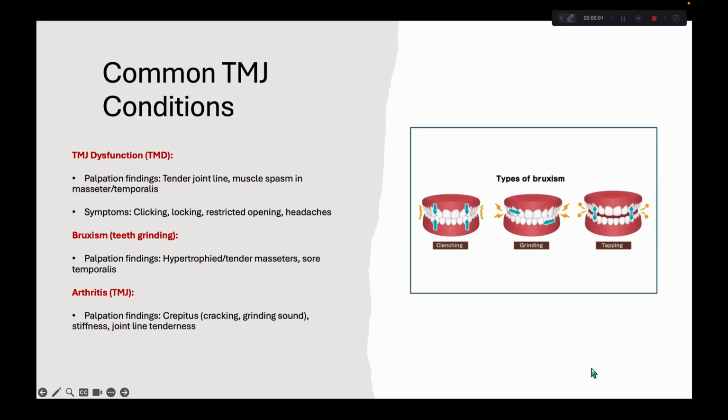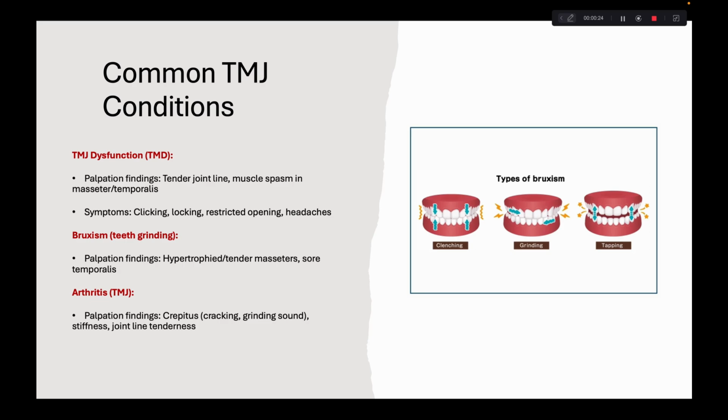All right, here are some common TMJ conditions. TMJ dysfunction. Palpation findings would be tender joint line, muscle spasms possibly in those masseter muscles or temporalis. Symptoms might also include clicking, locking, restricted opening, headaches.